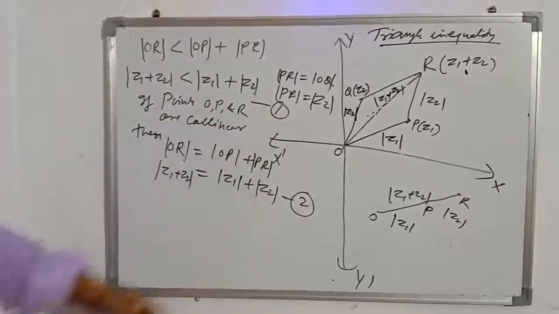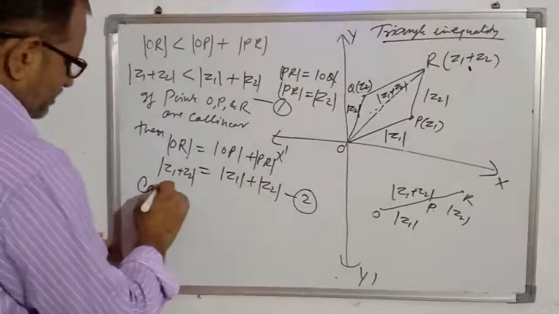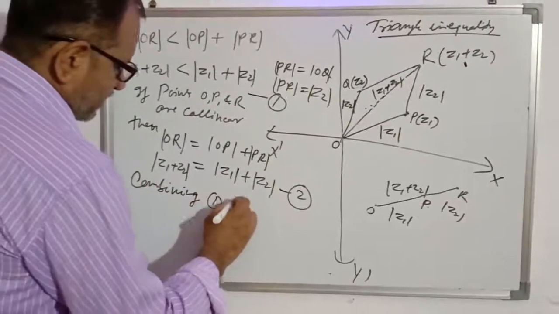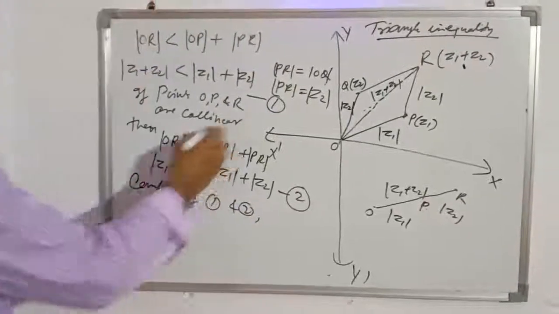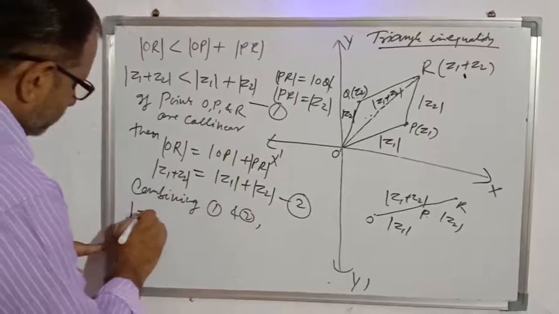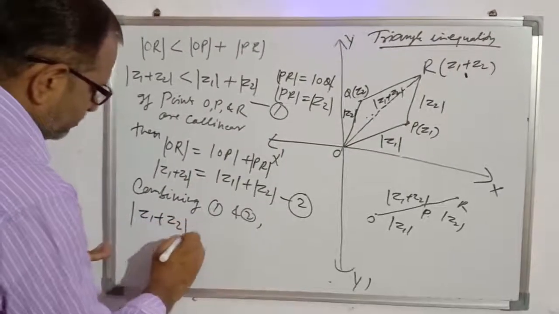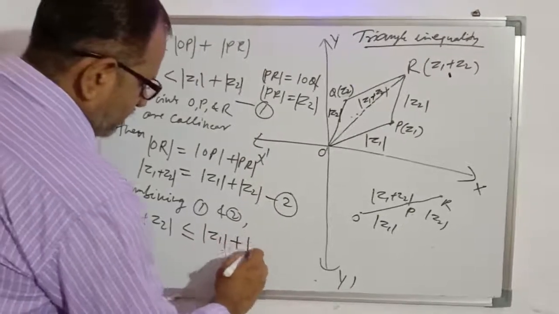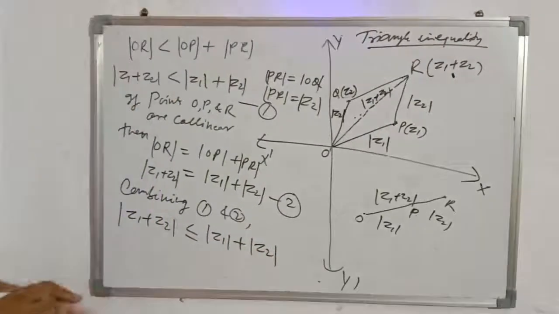So combining the first and second, what can we write? This one is less than, and this is equal to, so we can write mod of Z1 plus Z2 is less than or equal to mod of Z1 plus mod of Z2.